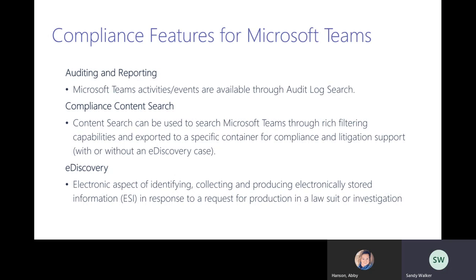They've got a lot of stuff out of the box. Things like the activities and logs and everything else, those activities and events, are available through the audit log search. And then when you go up the value stack to things like compliance content search, you can search for specific content or using specific tags, and look for things in specific containers within Teams.